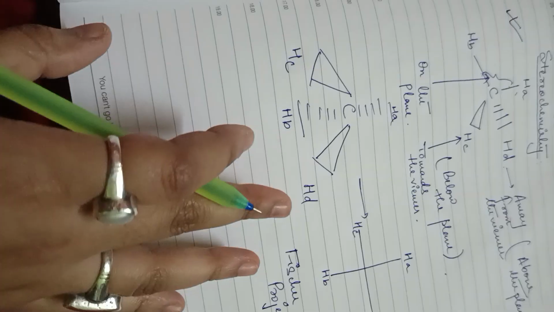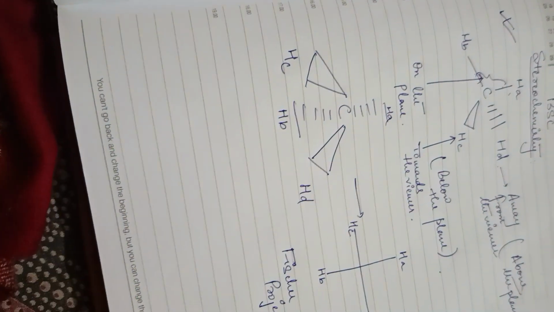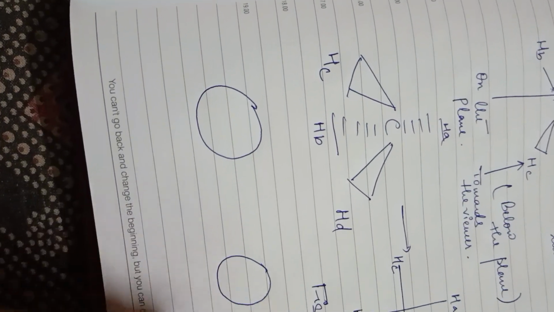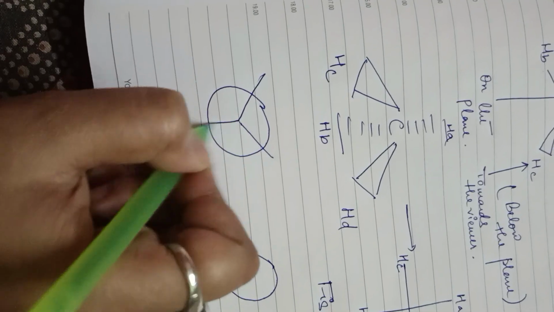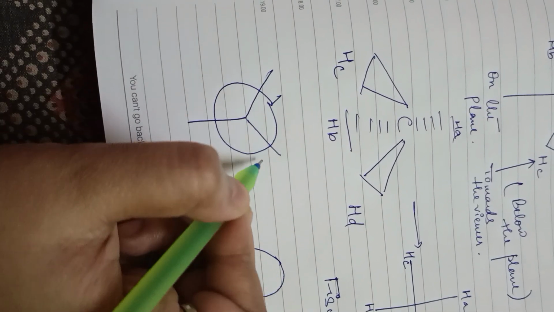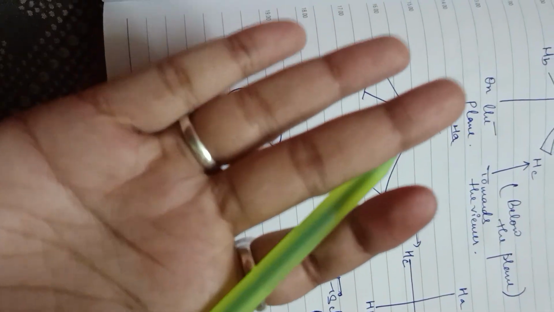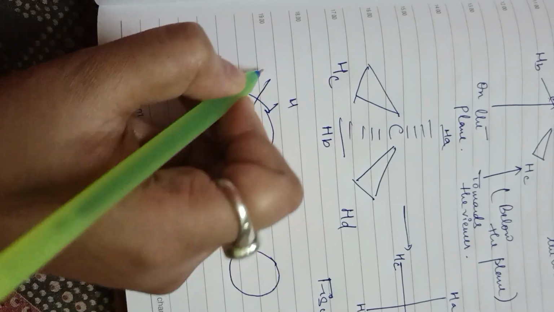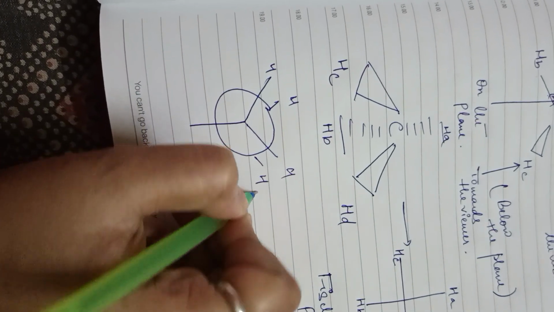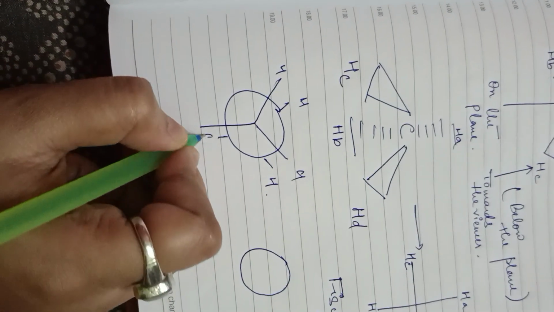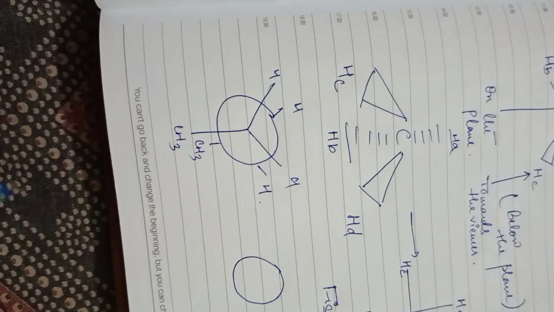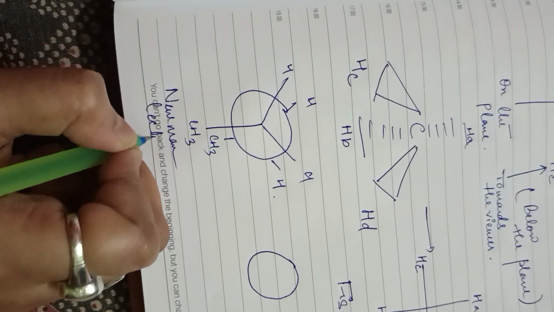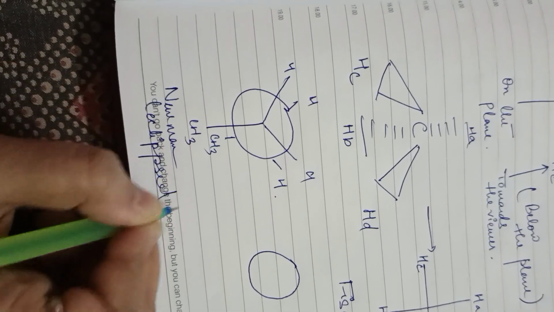Now we are going to see two Newman structures. This is one Newman structure, that is, one is the front and another is the back of it. This is called the eclipsed Newman structure.